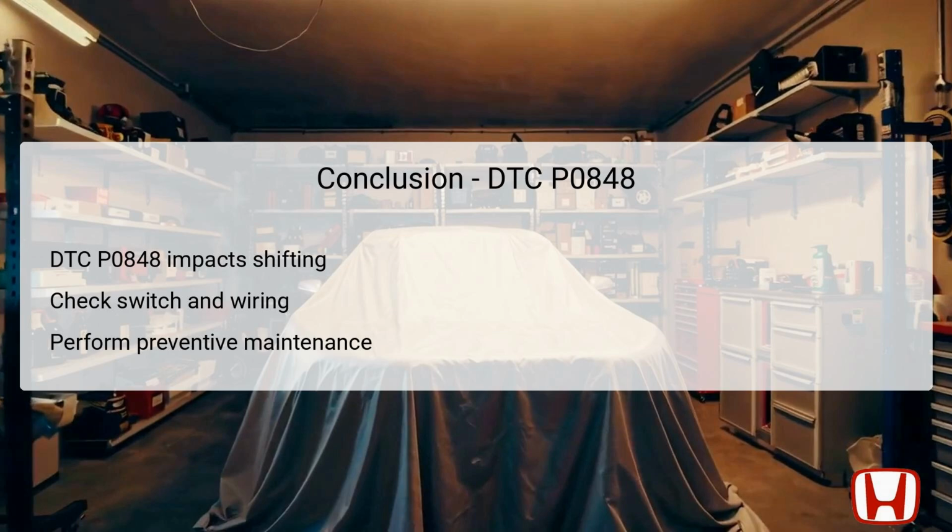Once repairs are made, it is vital to verify functionality through testing. Implementing preventive maintenance strategies will help avoid future issues. By understanding the components and systematic approaches to diagnosing this DTC, technicians can effectively address and prevent transmission-related problems, ensuring the vehicle operates as intended.